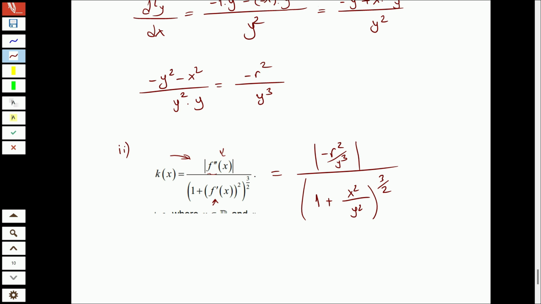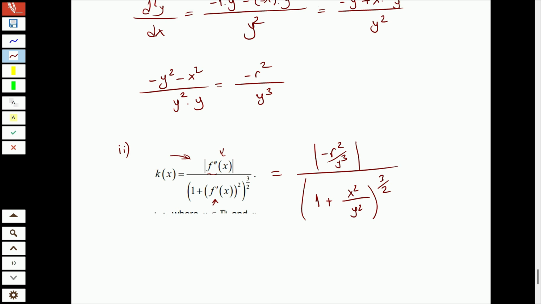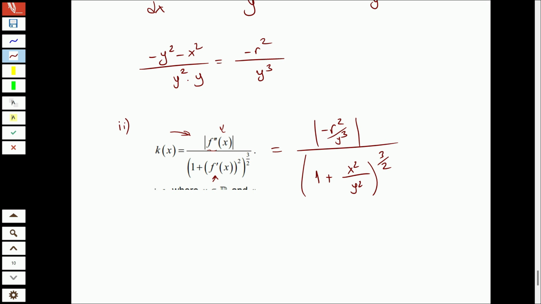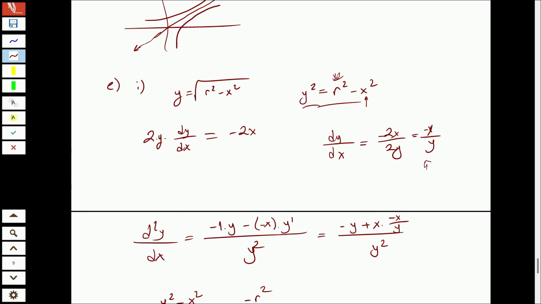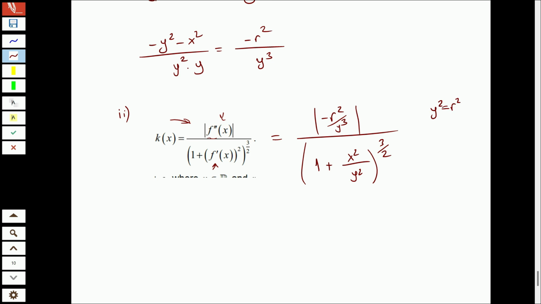And this is the curvature of the function. Yeah. So maybe we can simplify this one. And I know that the equation is y square equals r square minus x square. From here you can write y square plus x square equal r square.